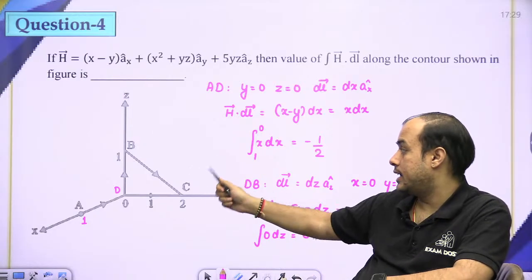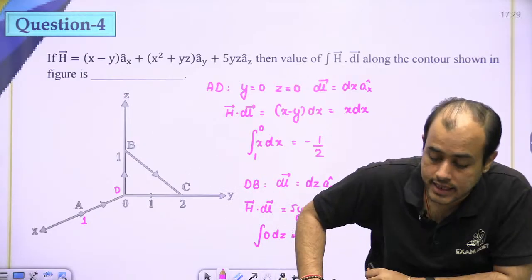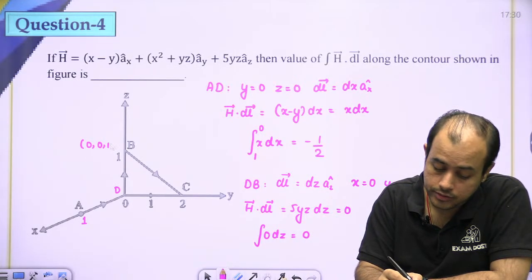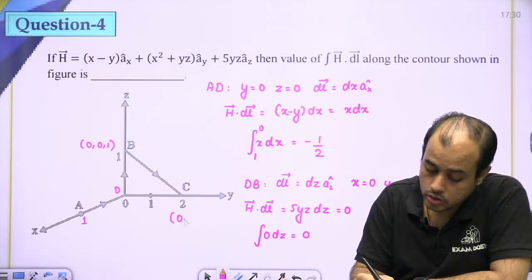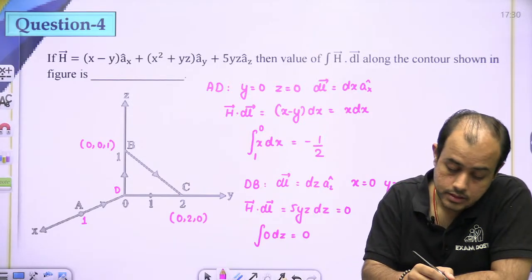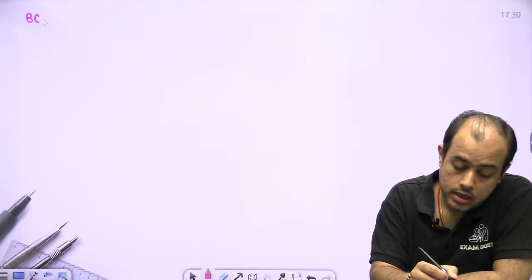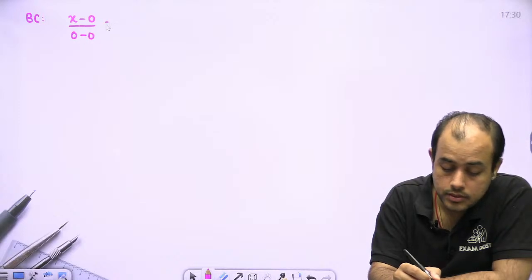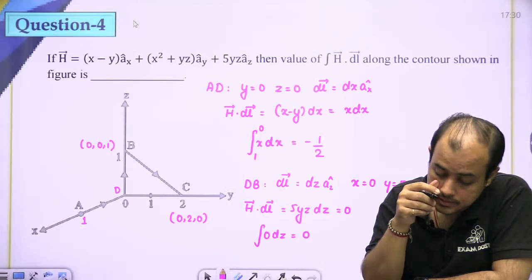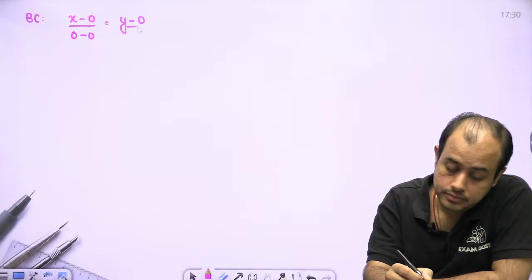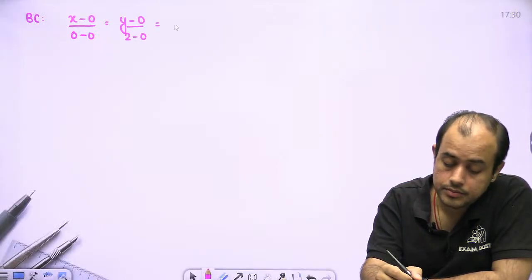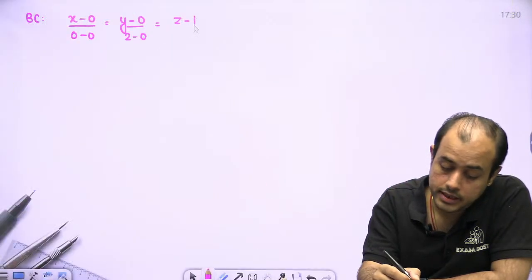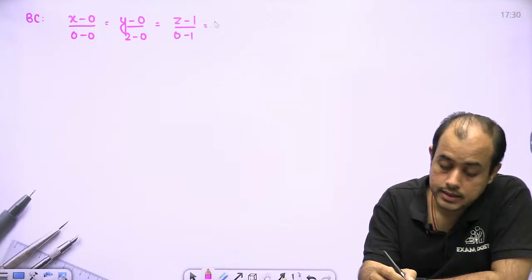Now I need to integrate from B to C. It is a straight line, B to C. So this point is 0, 0, 1 and this point is 0, 2, 0. When you talk about BC, x minus 0 by 0 minus 0, y minus 0 by 2 minus 0 and z minus 1 by 0 minus 1, that is t.